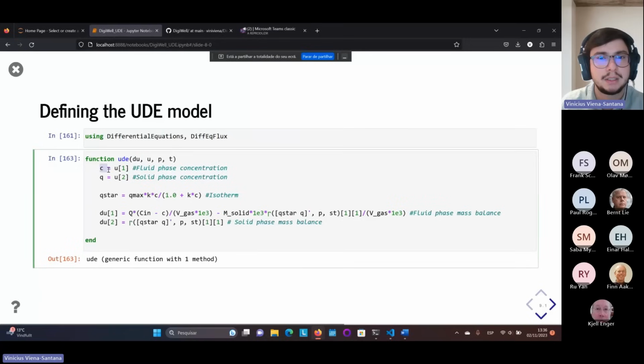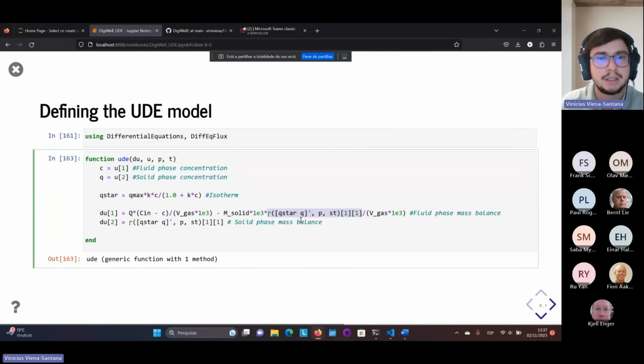In these first two rows, I'm building aliases for my variables. The first entry of my U vector is the fluid phase concentration. The second entry of my U vector is the solid phase concentration. And I have to calculate my Q star, as I told you, and then I can finally write down my derivative. These derivatives came from the mass balance I showed you a couple of minutes ago. You can pretty much see here where my neural network comes in.